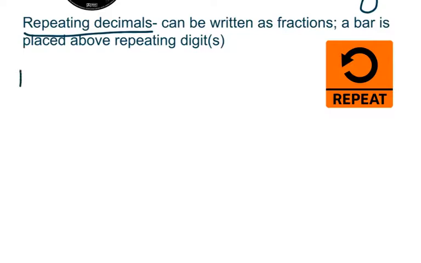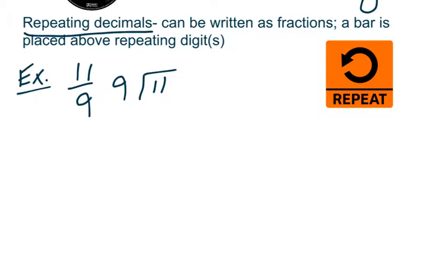An example of a repeating decimal is 11/9. If we do 11 divided by 9, 9 will go into 11 one time. Subtract. We get 2, bring down the 0. 9 will go into 20 two times.